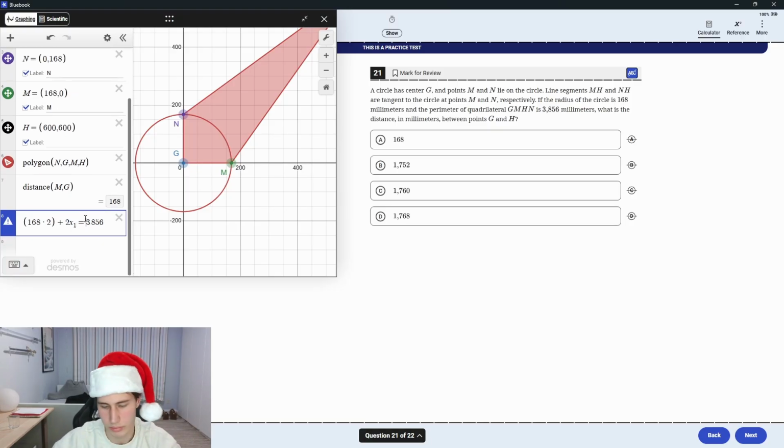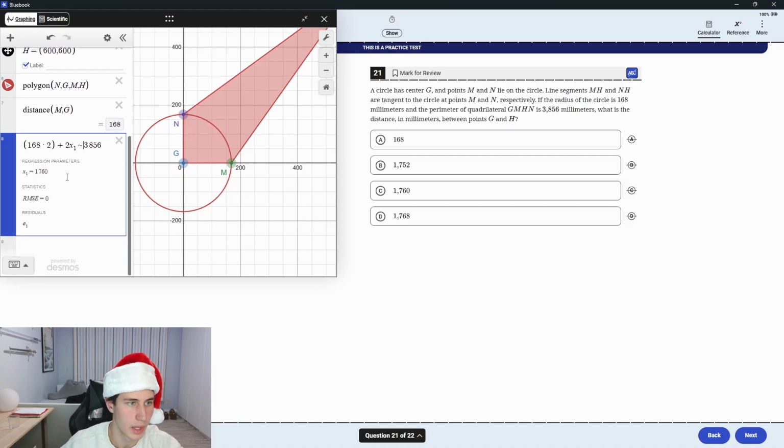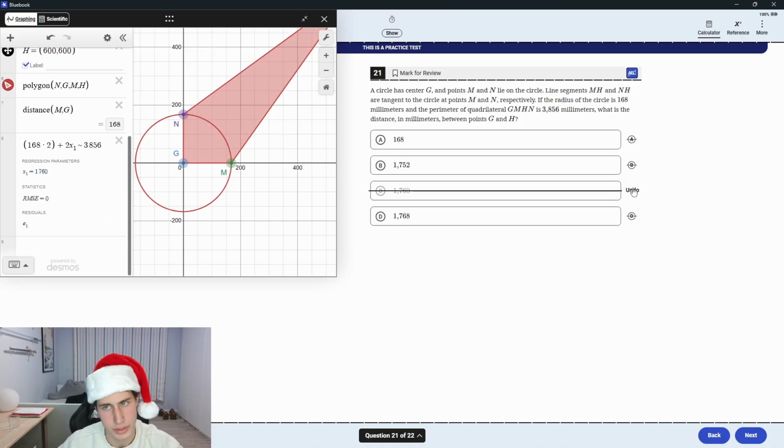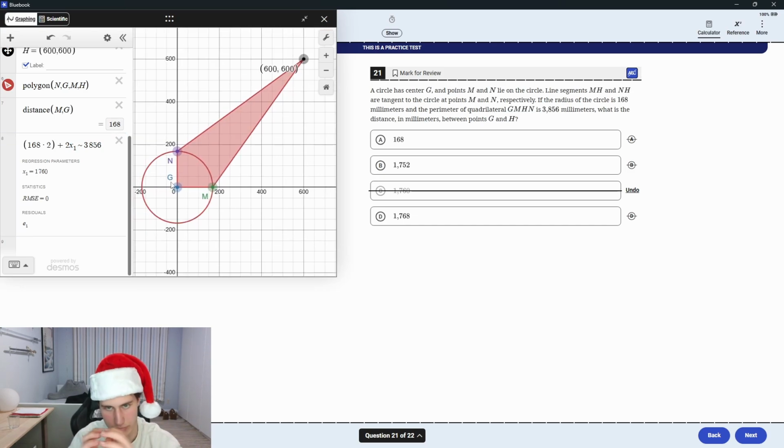So now we can figure out what x is with regression, and we can see that it is 1,760, but that's not our final answer. What this is saying is that each one of these sides that are still unknown to us is 1,760, the length between these.